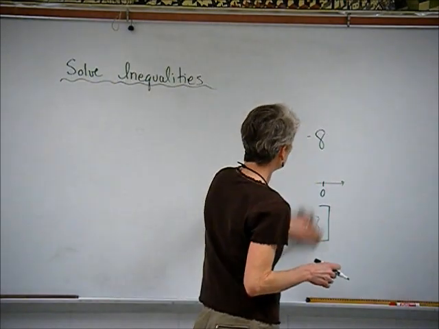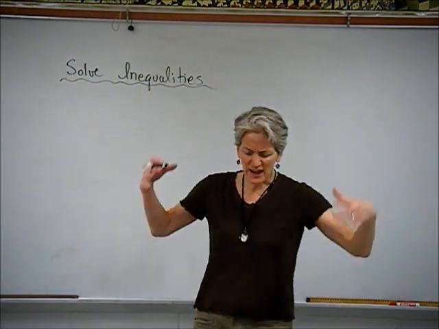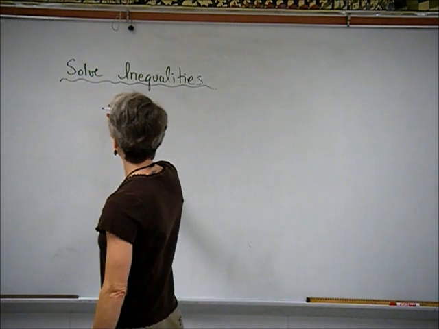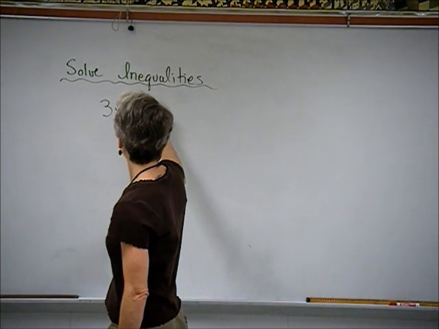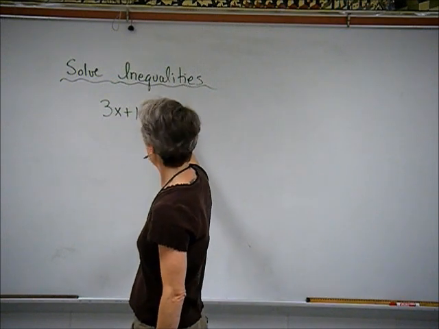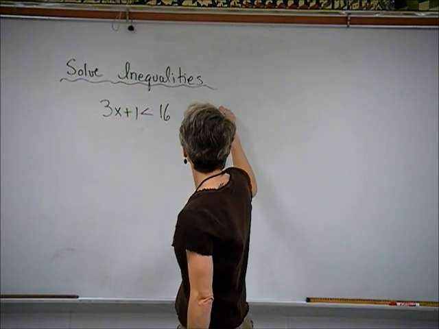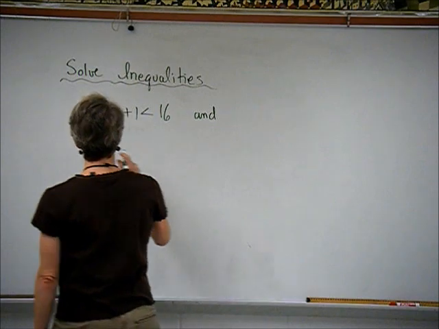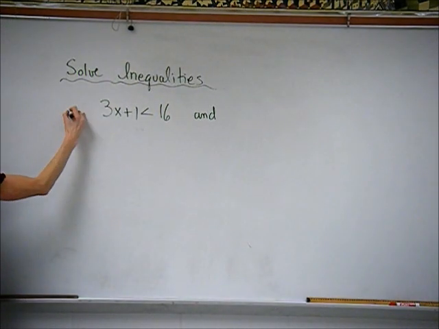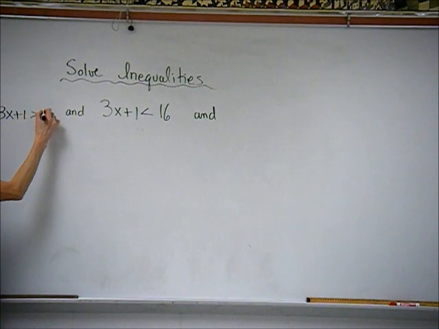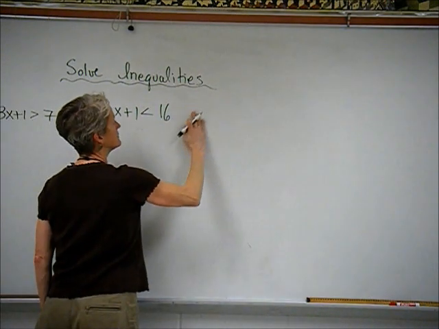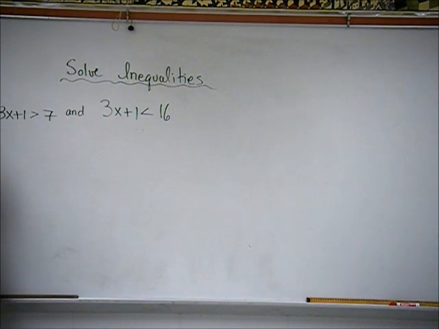These look weird at first, but it's really just taking two inequalities and smushing them into one. For example, if I had 3x plus 1 is less than 16, and 3x plus 1 is greater than 7. Those are two inequalities.